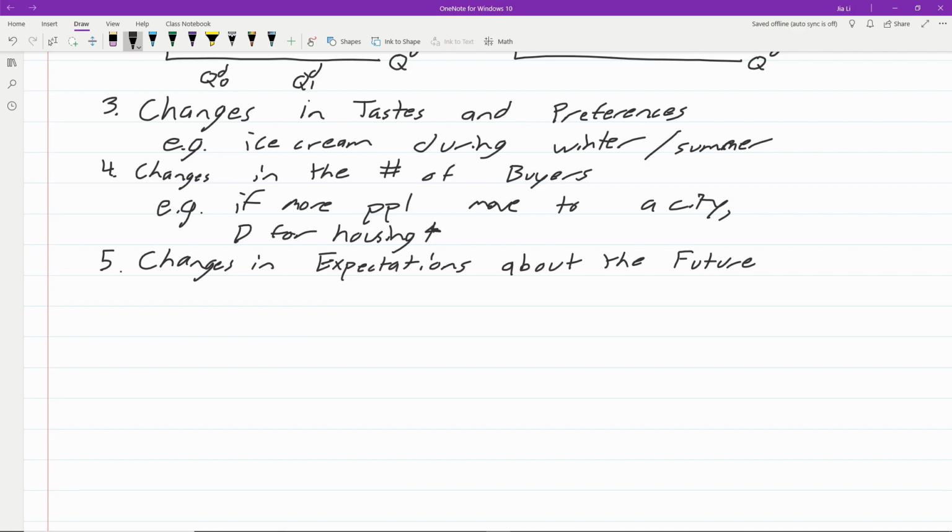So let's consider, for example, what should happen to the current demand for certain products in anticipation of a sale. So think about, for example, the demand for electronic goods, let's say 2 weeks before Cyber Monday, right?